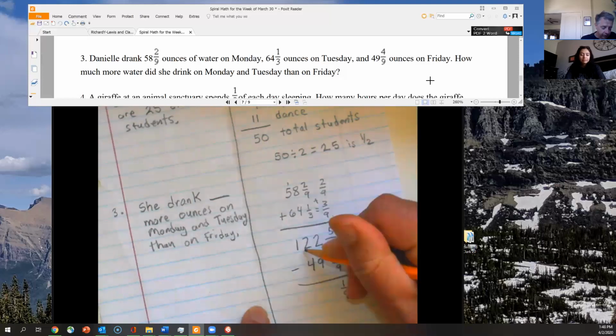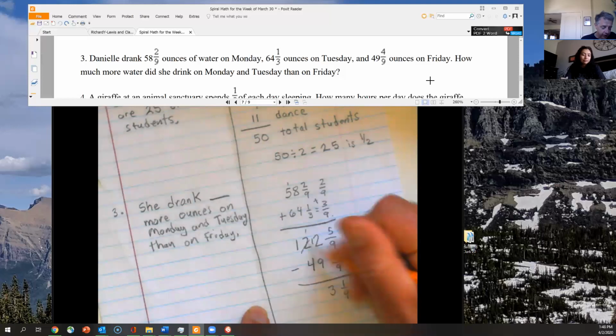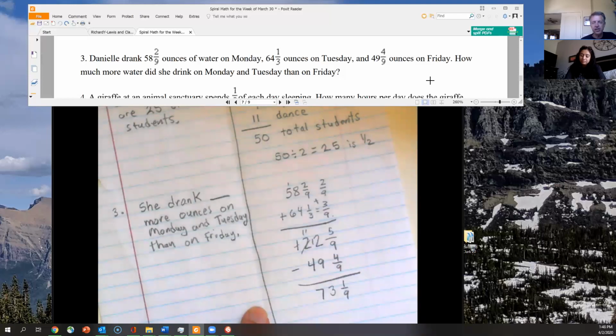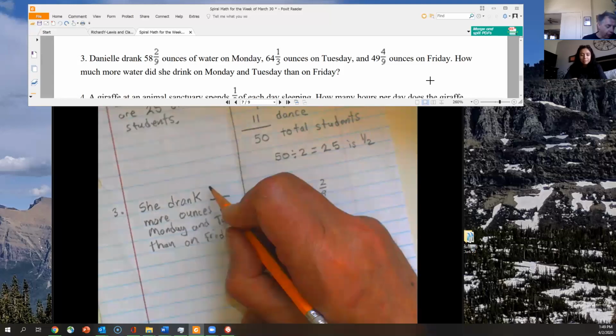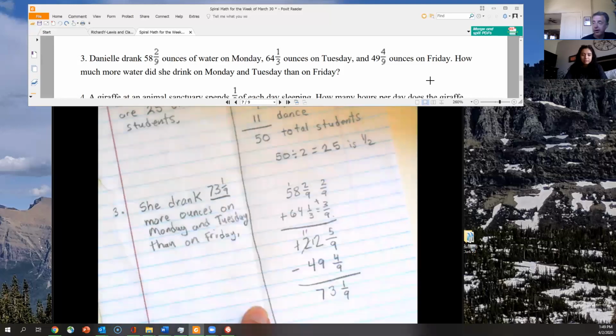Right here, we're going to borrow. 12 minus 9 is 3. Can't take 1 minus 4, so I'm going to borrow again. 11 minus 4 is 7. So I get 73 and 1/9 ounces of water. Ms. Garcia, is that what you got? Yes. Okay. So I'm going to write that in my answer sentence. 73 and 1/9 ounces of water. And we'll go ahead and move on to number 4.